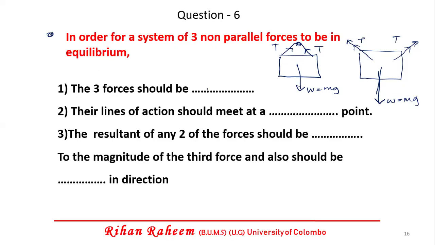The three forces should be in the same plane. Tell me one word to cover this whole thing. It should be in the same plane. What is the one word? Coplanar. Yes, it's known as coplanar.